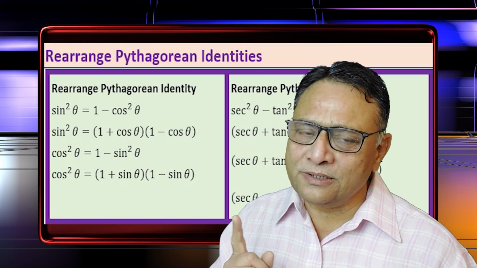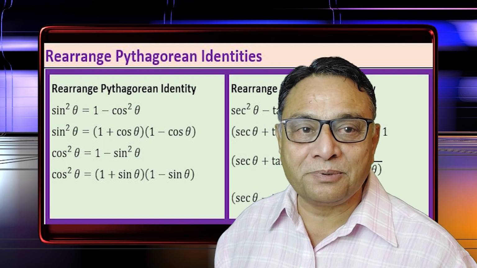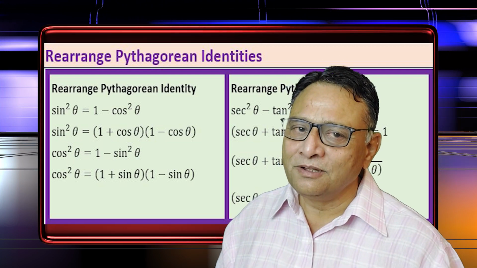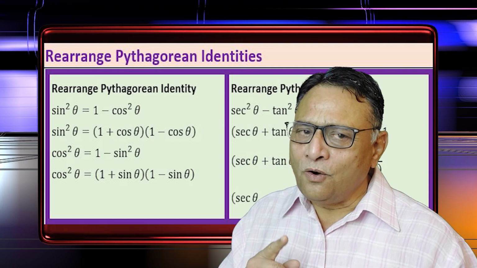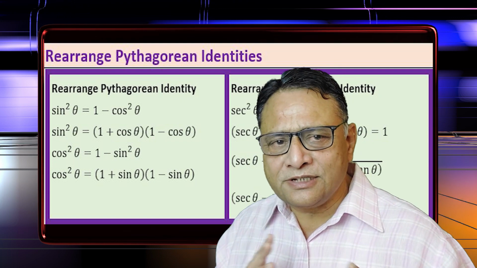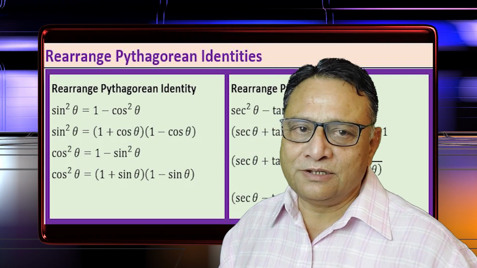Now, secant square theta minus tan square theta can be written as (secant theta plus tan theta) times (secant theta minus tan theta). Now look further. 1 has helped us to relate secant square theta and tangent square theta in many different ways.